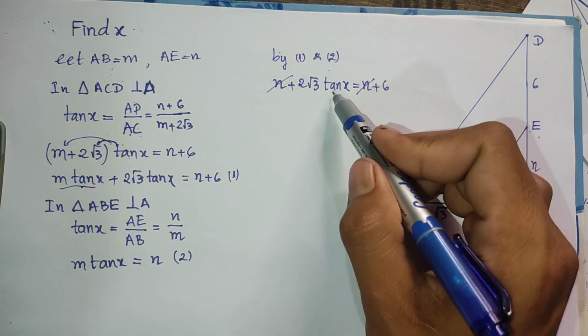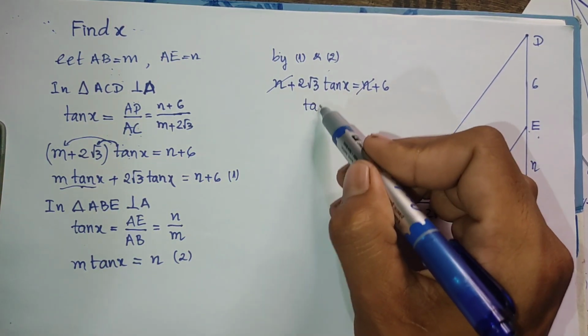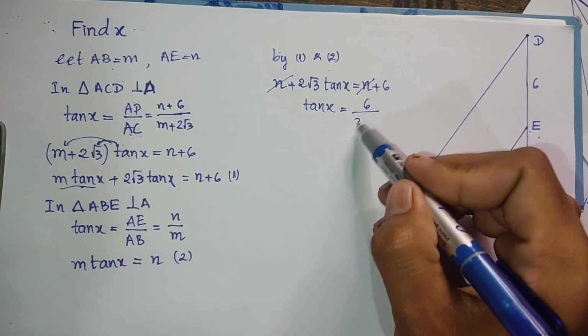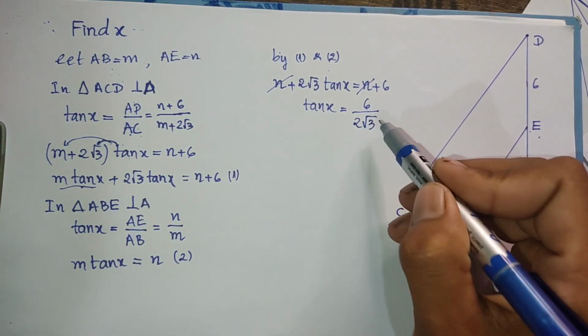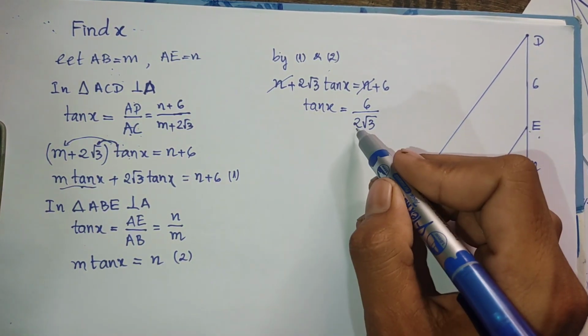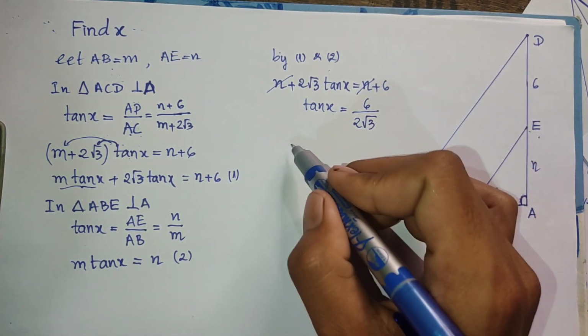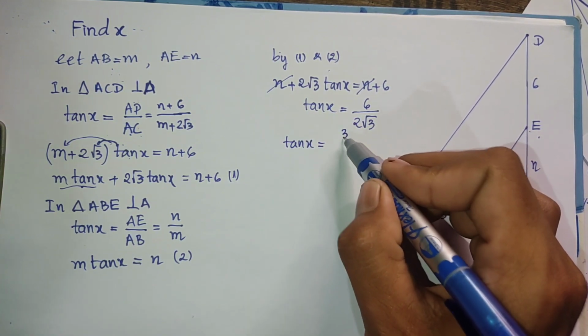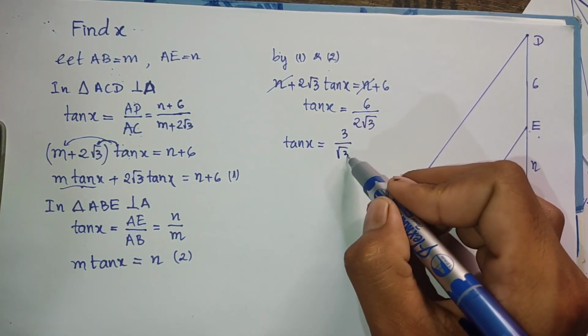So we get tan h is equal to 6 divided by 2 square root 3, and we simplify this to get tan h equal to 3 divided by square root 3.